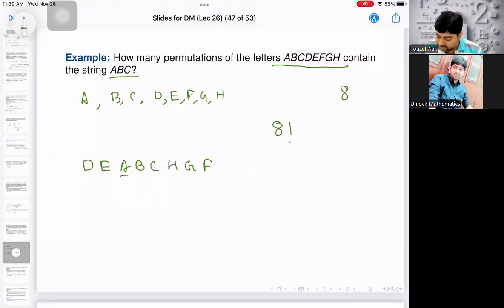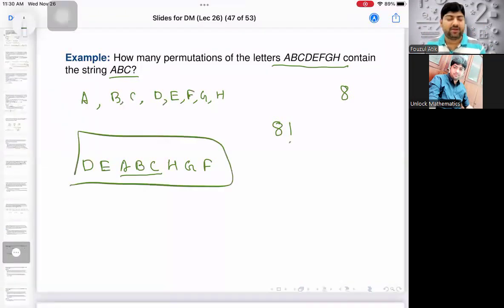Where these three are together. Now the question asks how many such permutations are available for the letters A, B, C, D, E, F, G, H. How can you do that? Basically that means where A, B, and C are together in this form. That is what you have to find out.